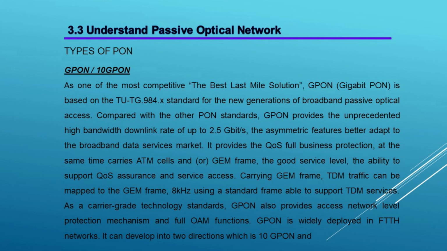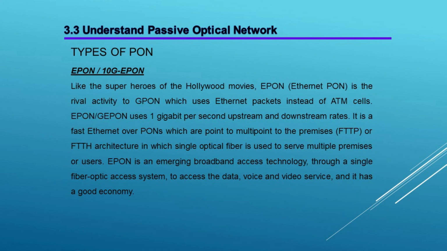EPON, 10G EPON. EPON, Ethernet PON, is the rival to GPON, which uses Ethernet packets instead of ATM cells. EPON, GEPON, uses 1 gigabit per second upstream and downstream rates.